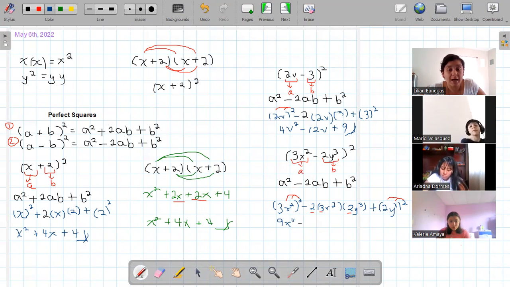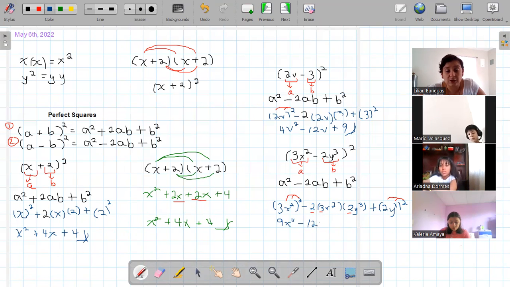Minus 2 times 3. 6. 6 times 2, 12. And you can see that the variables are different. So we just copy them one next to the other in alphabetical order with whichever exponent it has.